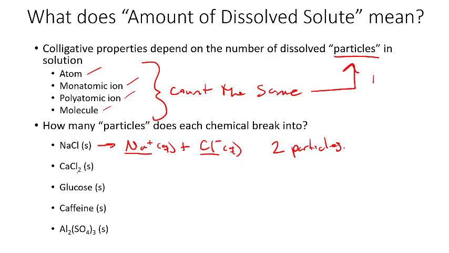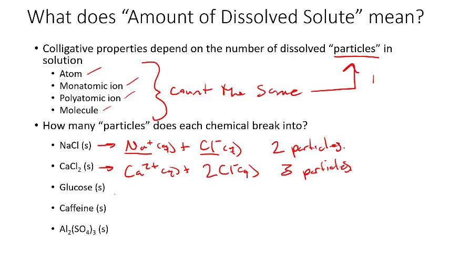If we look at calcium chloride, this splits up into Ca2+ (aq) plus 2 Cl- (aq). So we have 1 plus 2, and there are 3 particles that break into solution for calcium chloride.